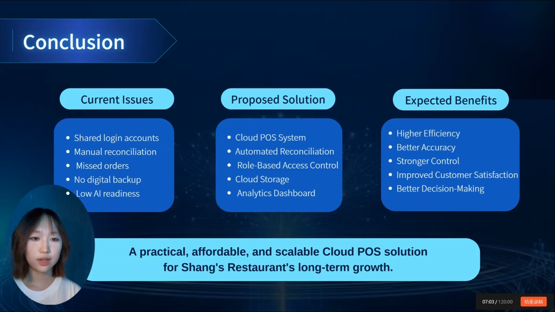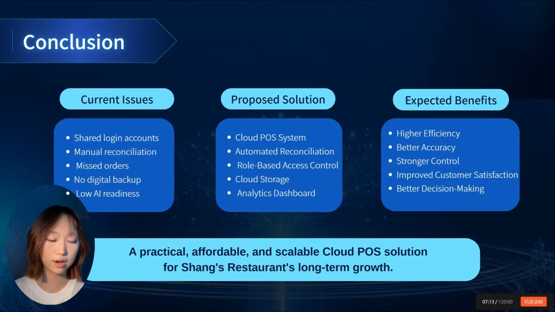In conclusion, our analysis identified several weaknesses in the current revenue cycle, including shared login accounts, manual reconciliation process, missed orders, weak data retention, and low AI readiness. To address these issues, we propose a cloud POS-based solution that includes automated reconciliation and role-based access controls.